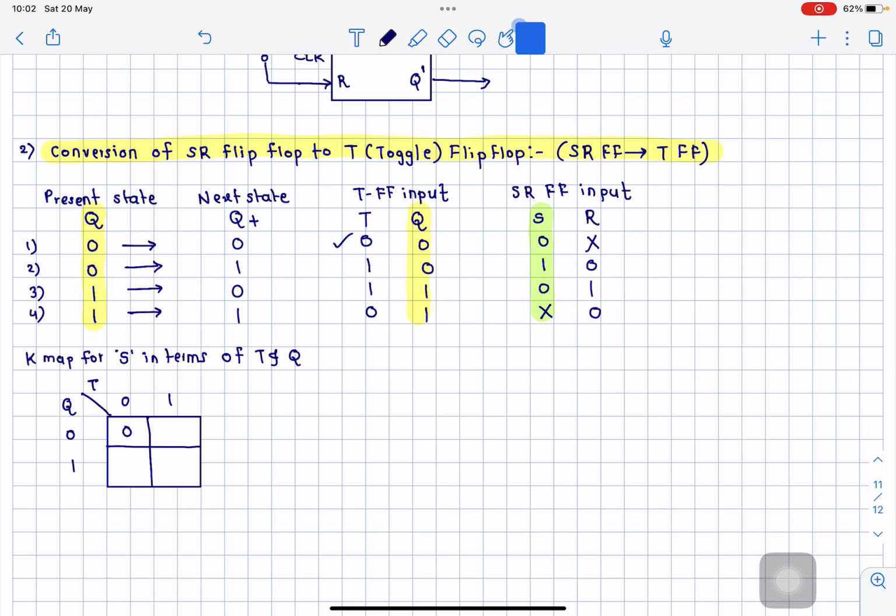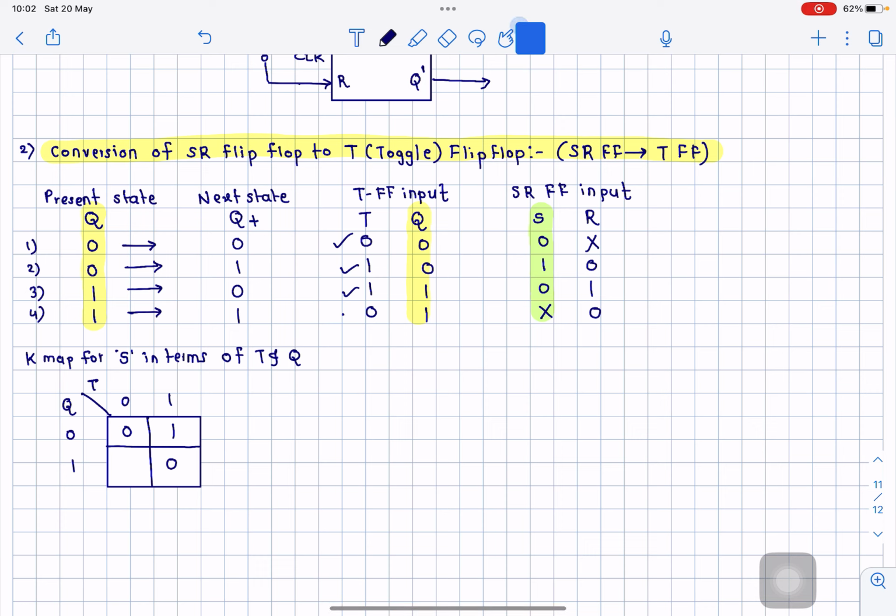When T is 1 and Q is 0, S is 1, right? When T is 1 and Q is 1, S is 0.